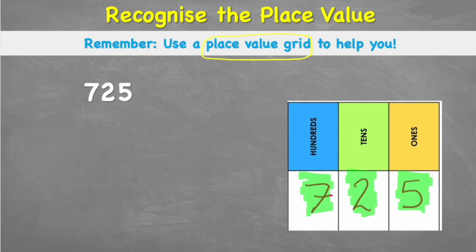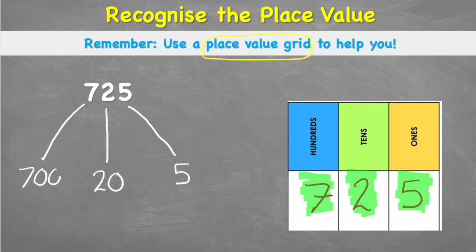So therefore, another way that we could look at this number is to partition it, which means to break it into its place value parts. So we could say I have 5 ones, 2 tens, which would be 20, and 7 100s, which would be 700.